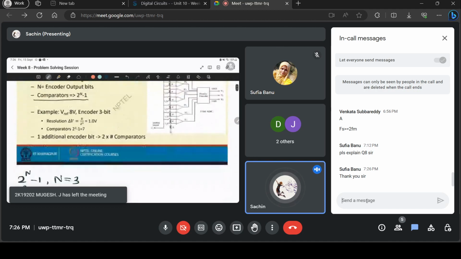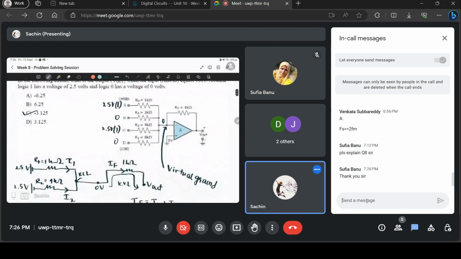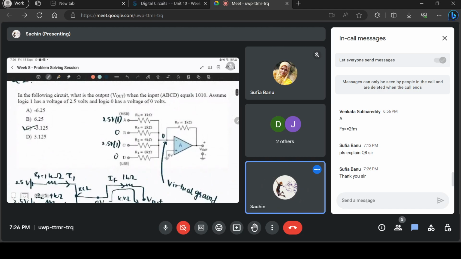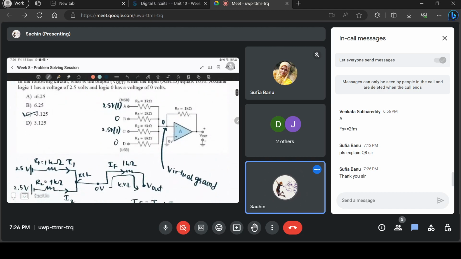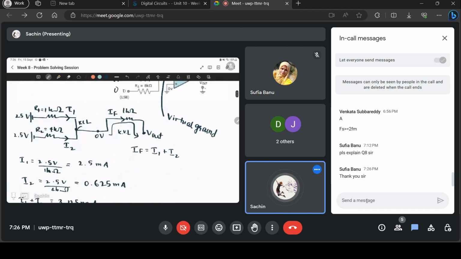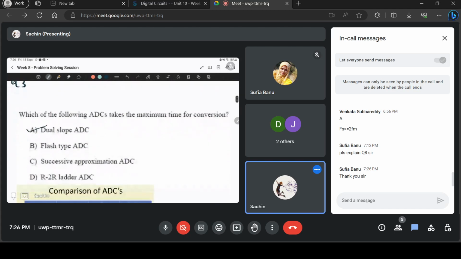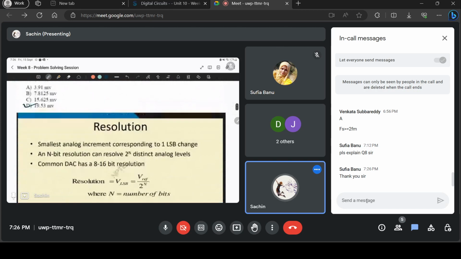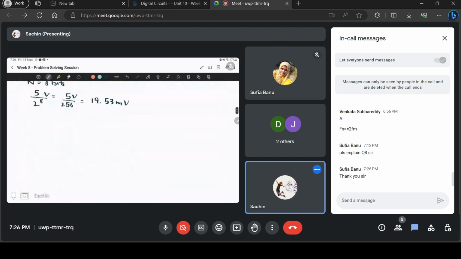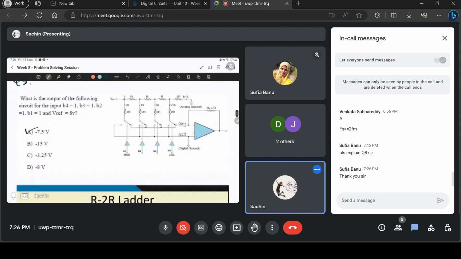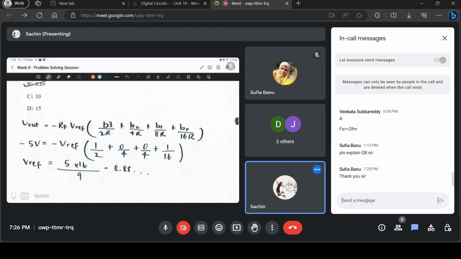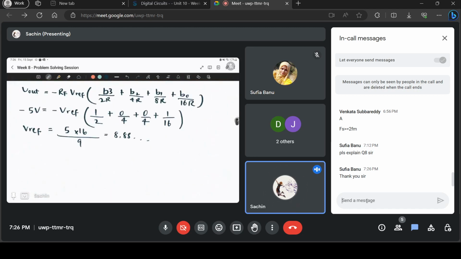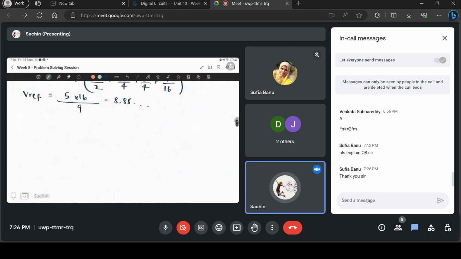So flash ADCs. This is binary weighted DAC. Question about R2R ladder. And then this is also on an R2R ladder DAC.